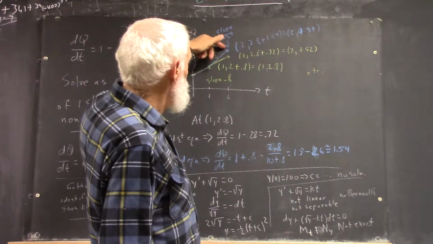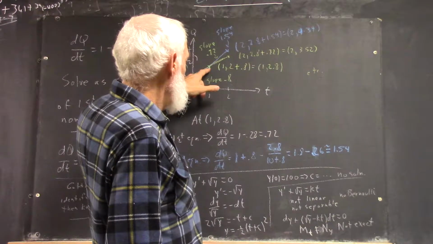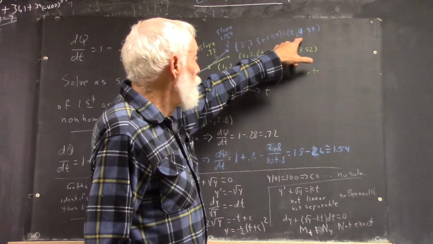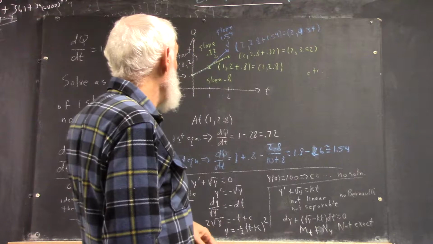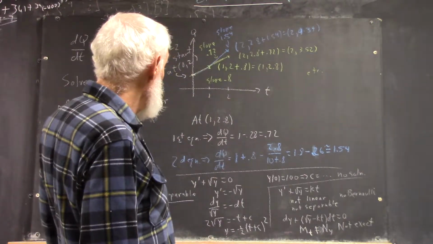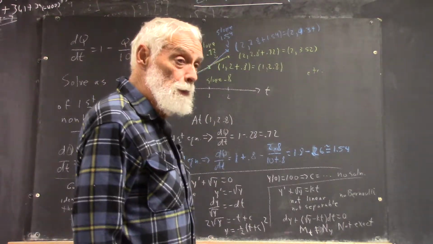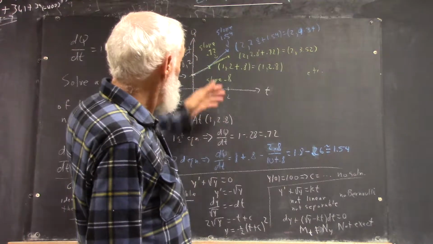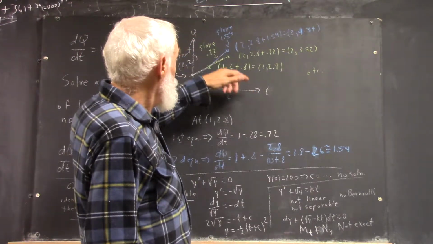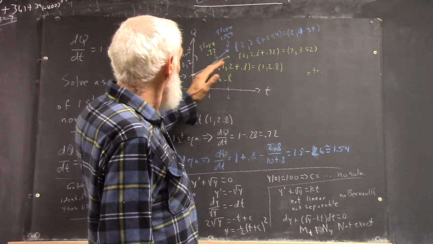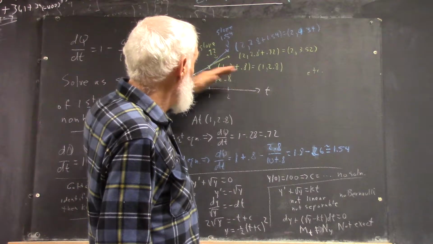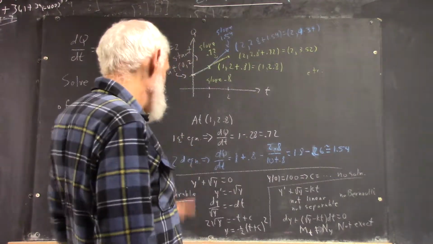Following that slope, starting at the point 1, 2.8, we end up at 4.34, if my arithmetic is correct. So we see that these two solutions begin to diverge. And if you then calculate the next step here and the next step here, you see this is going to end up concave down, this is going to end up concave up.